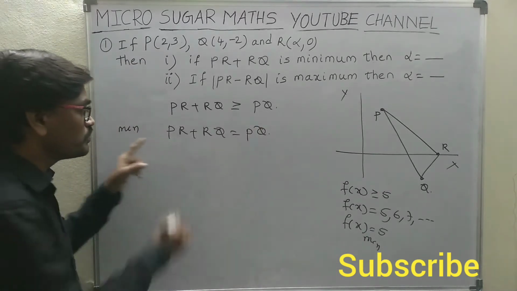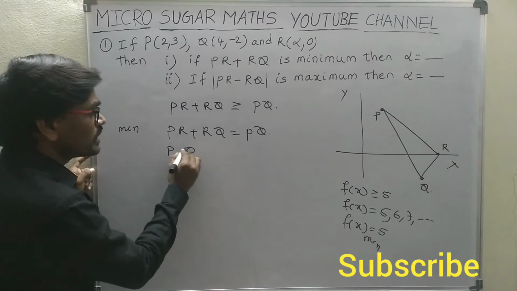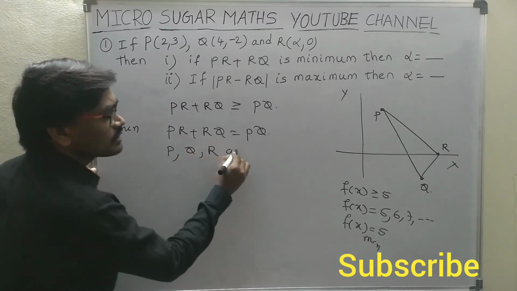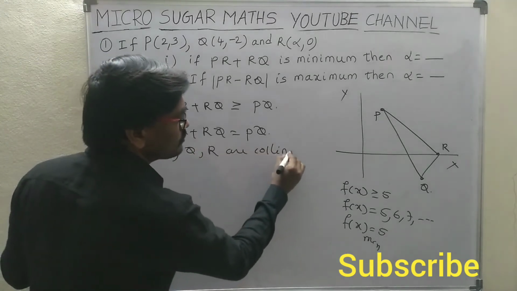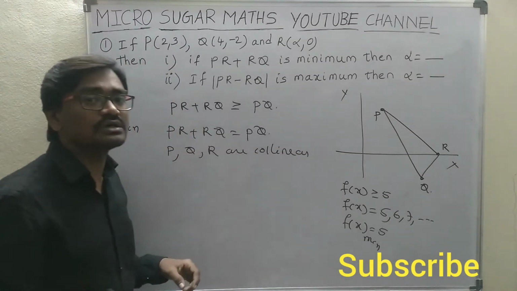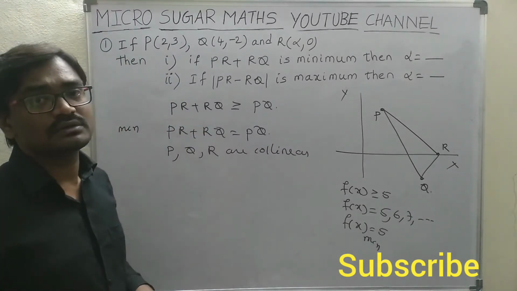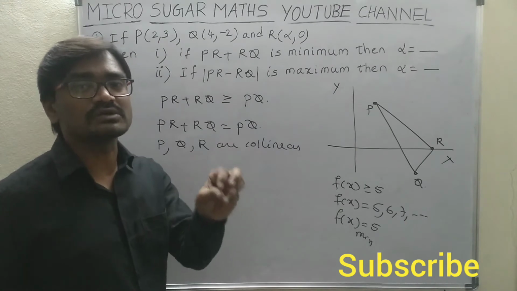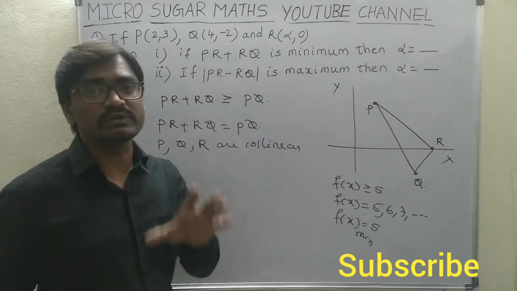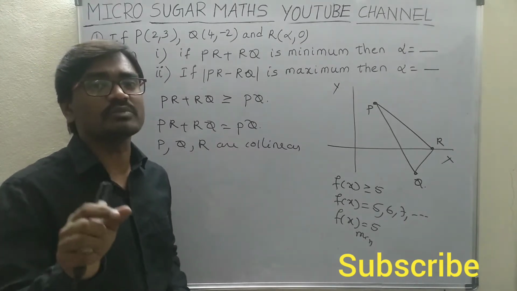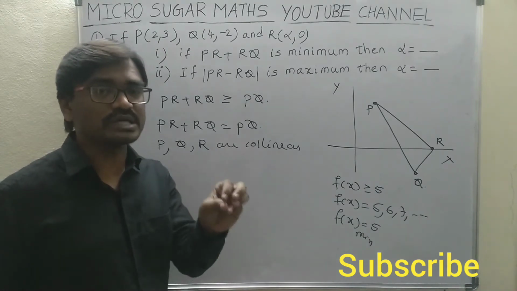That means points P, Q and R are collinear. Now, what is the best method to verify collinearity? A best method for verifying that three points are collinear is given to you. The video is available on the playlist of the Micro Sugar Maths YouTube channel.